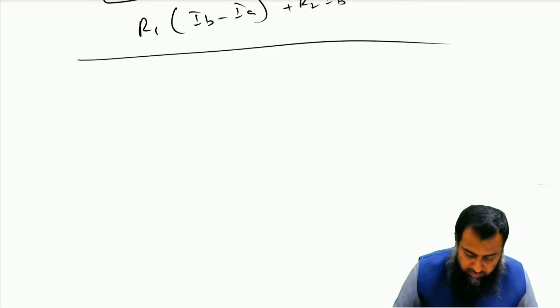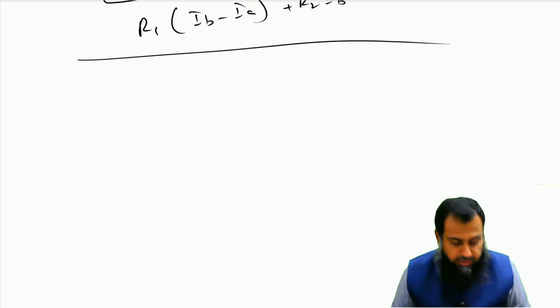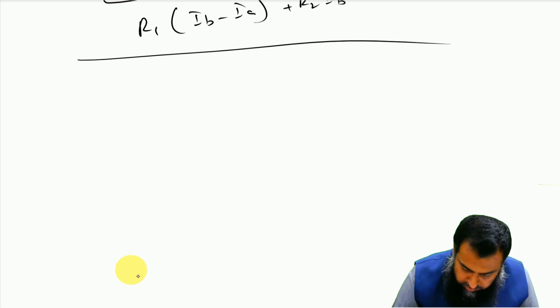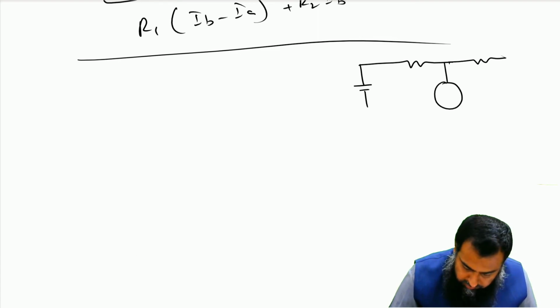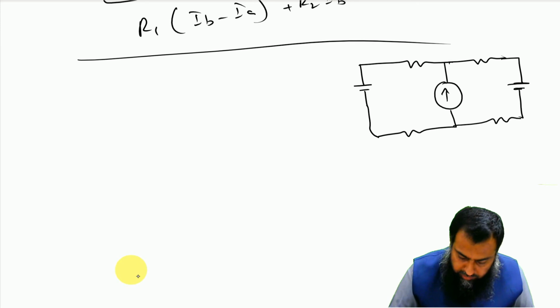Let us see if we have a current source which is shared between the two adjacent mesh. So I have a given circuit here. Let me draw a circuit. Let us say we have this circuit.